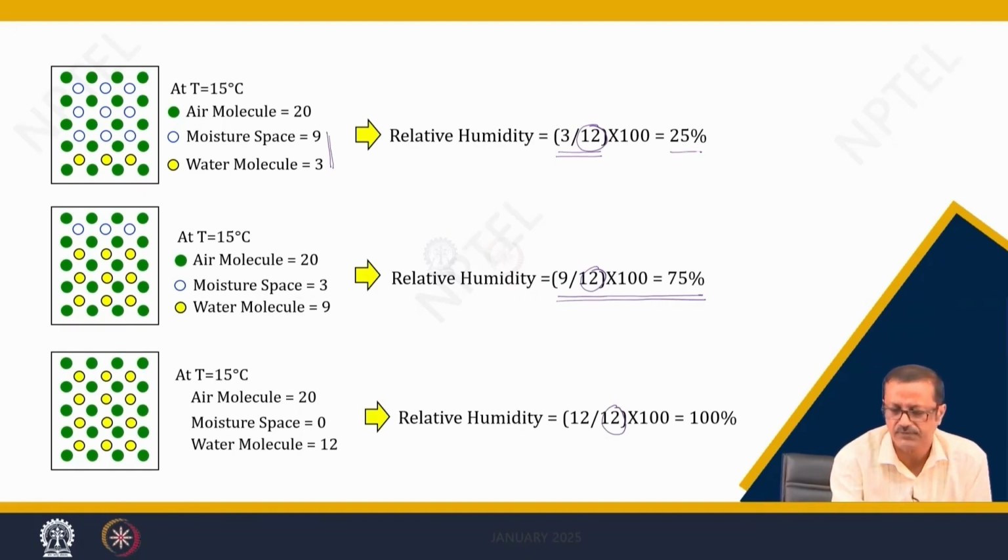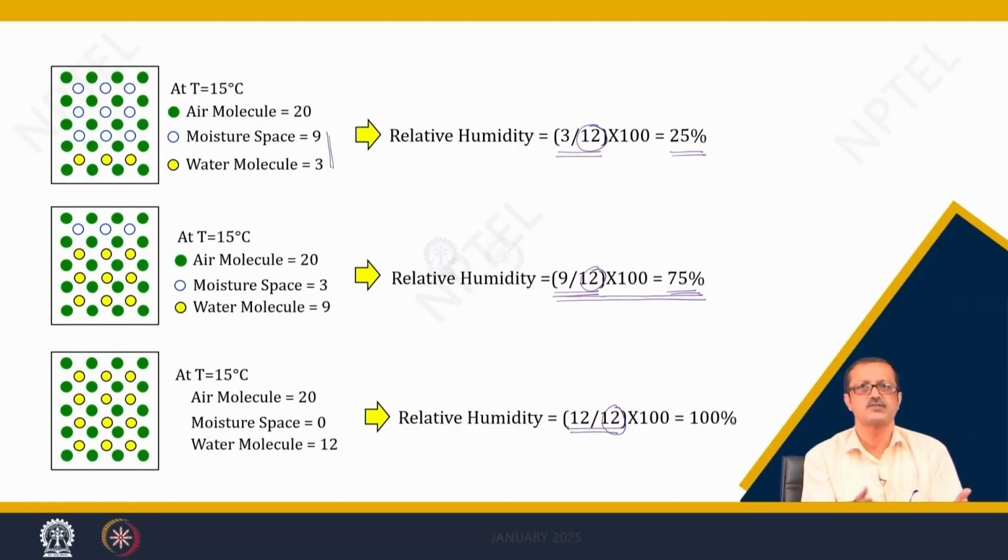So 3 by 12 is 25%, 9 by 12 is 75%, and when wholly filled, 12 by 12 is 100%. After this there is no space available. So 100% relative humidity means the air is fully filled with moisture, whatever its retaining capacity is.